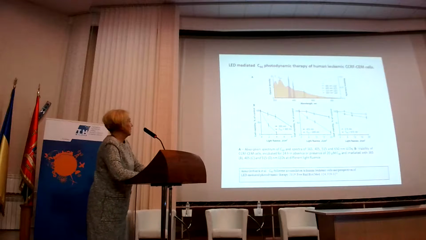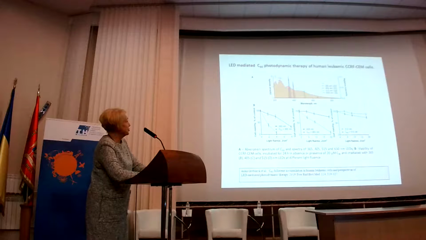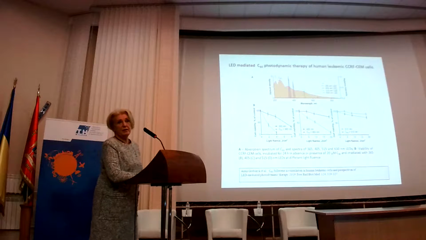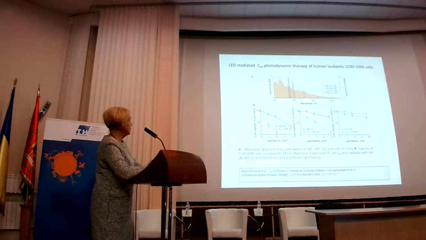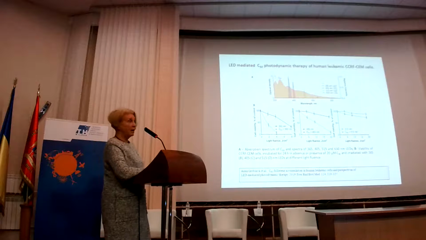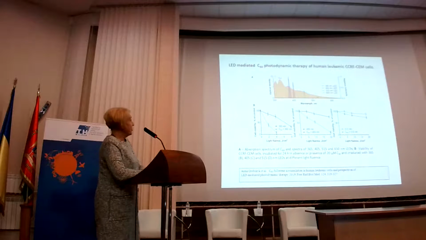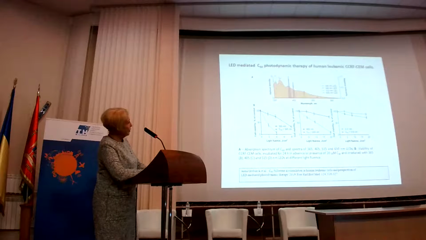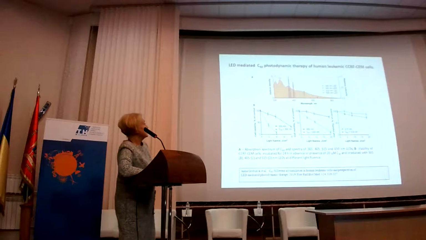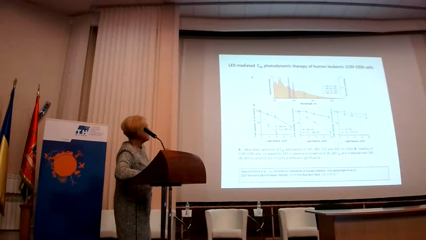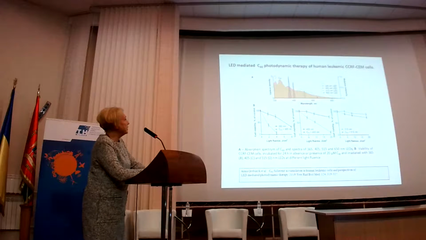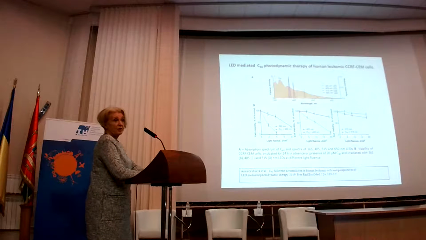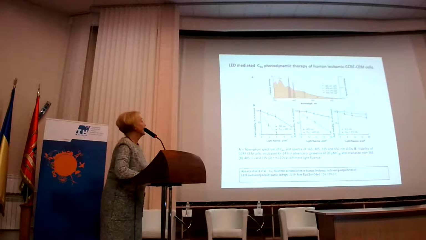But the toxic effect was observed also without fullerene. It was the toxic effect of the ultraviolet diodes. On the other side, no toxic effect was seen on cells when we used the green LED, but also no effect in combination.